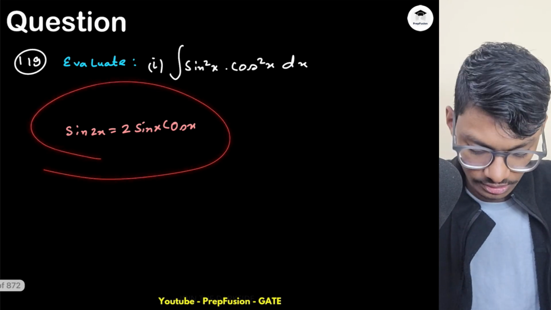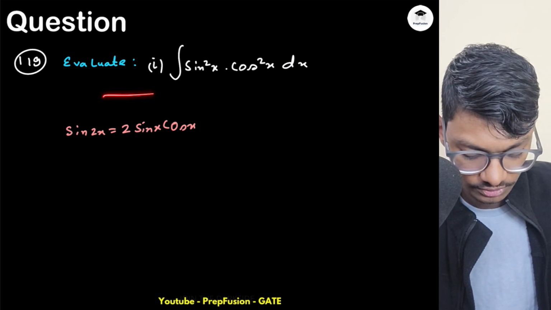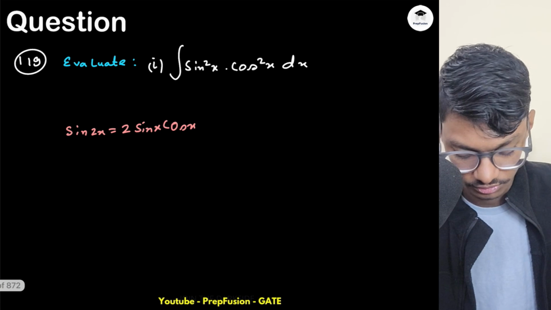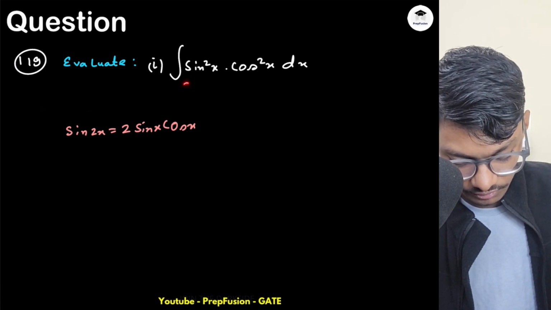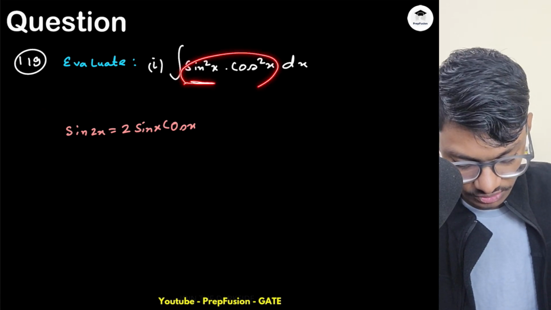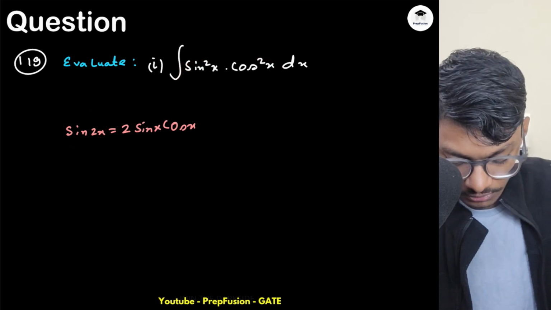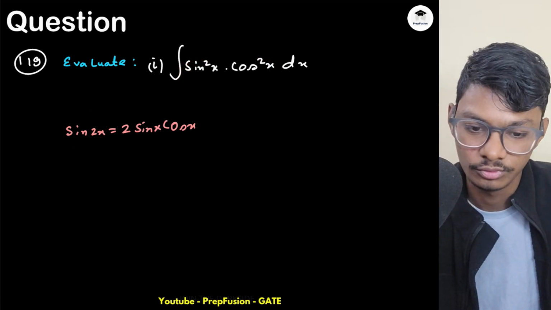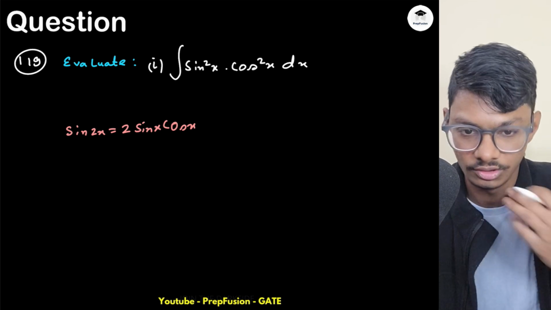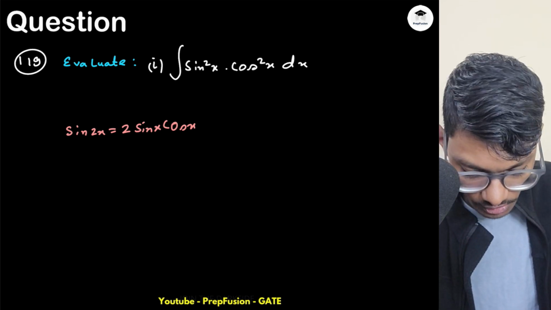And also here I told you that for this question you have to substitute the value of sin x cos x with this angle formula. Trigonometry is very important, so you need to write and remember those formulas.